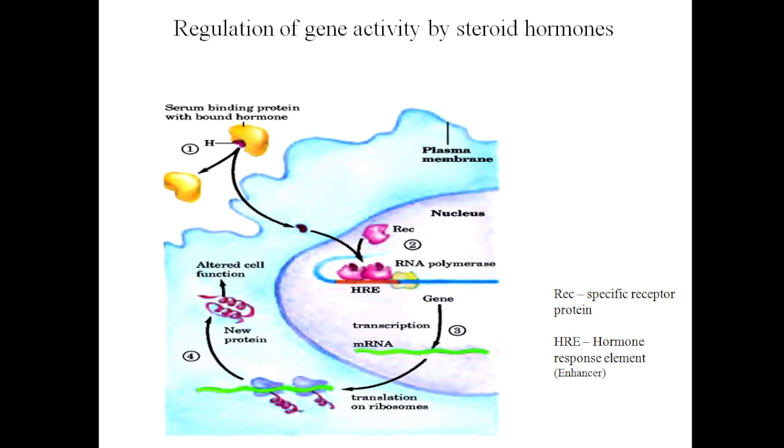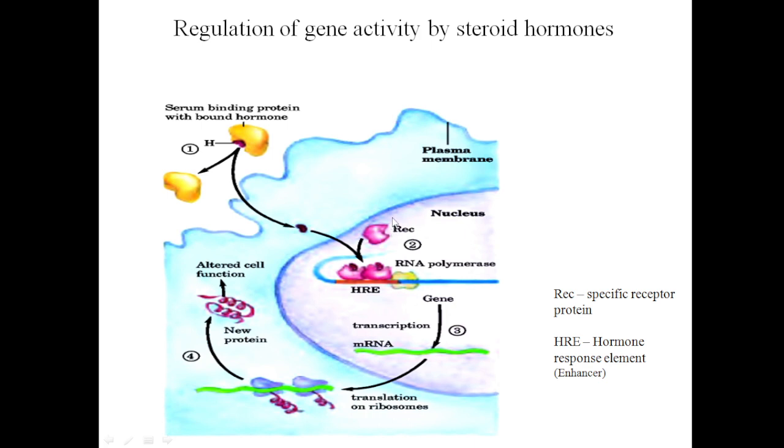Now an example of enhancers which will be recognized by a complex of steroid hormones and receptors. Steroid hormones can pass across membrane to cytoplasm and be recognized by receptors.